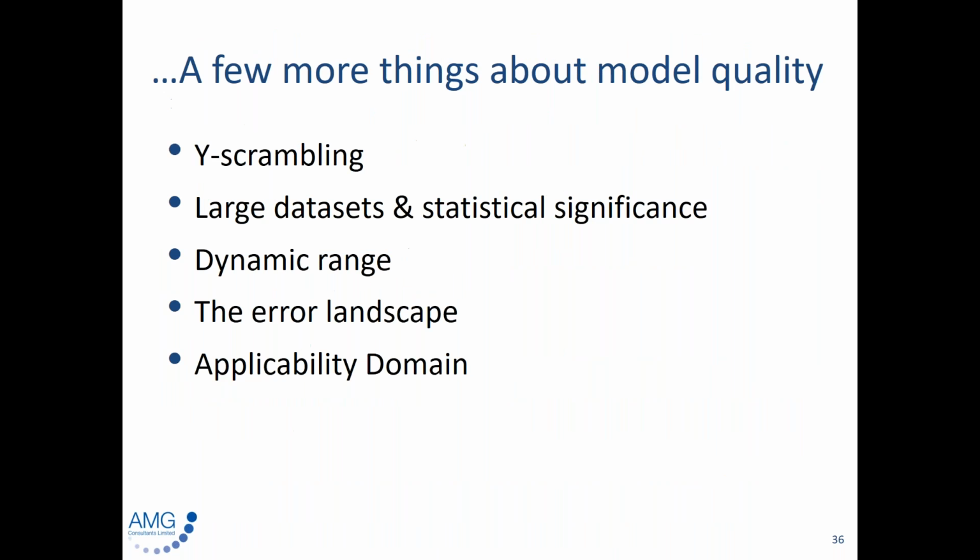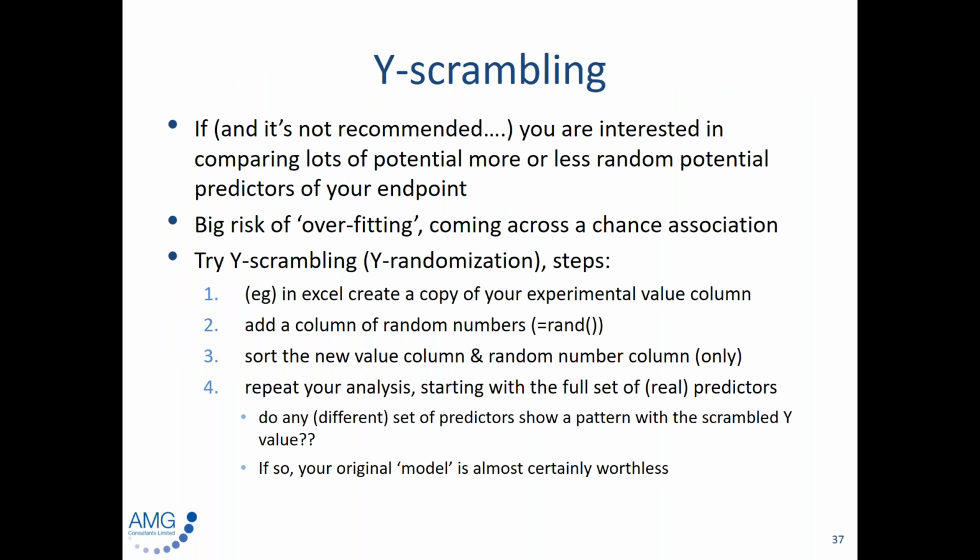I'm going to have to speed up a little bit, or we'll be here forever. So, a couple more things about model quality more generally. This is worth doing if you're interested in that scenario of comparing lots of potential more or less random predictors of your endpoint. There's a big risk of overfitting, as we've talked about, so looking for a very statistically significant R value is one thing to do.